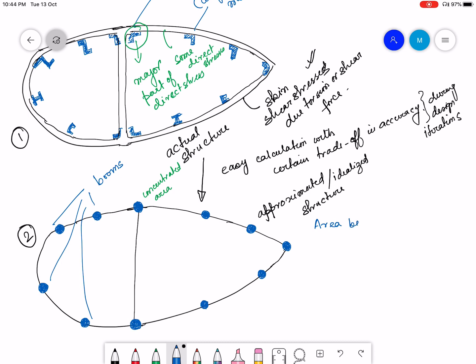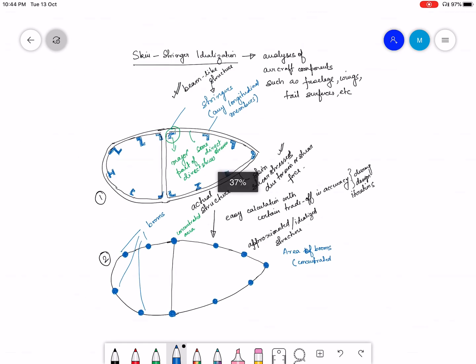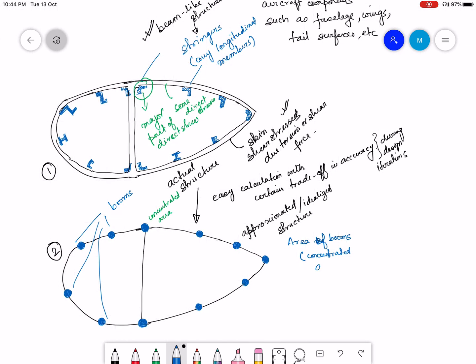The area of a boom is equal to the area of the stringer at that location plus some part of the area of the adjacent skin.